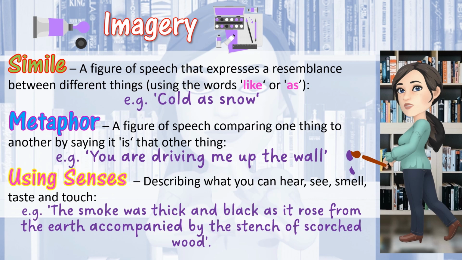Not only can you see what's happening, the smoke thick and black and what it looks like, but you can smell that stench. So scorched wood, if you've ever smelt scorched wood, which you more than likely have, the writer wants you to imagine that smell and it to flood your senses as you're reading the text and you become enveloped in that scene.